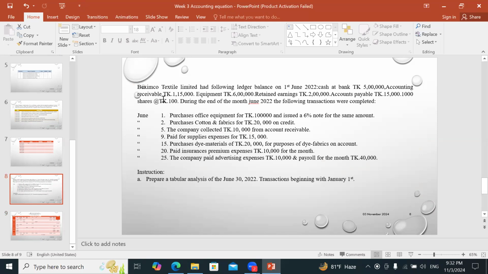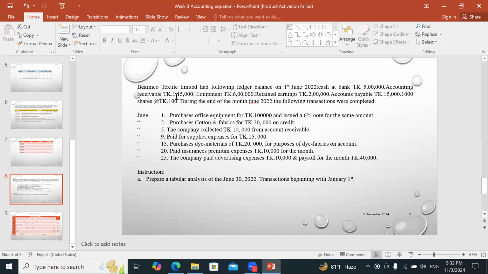Then account receivable. All kinds of receivable are assets, and all types of payable are liability, because you promise payment in the future with a condition. Receivable is what you are able to collect in the future with a condition.